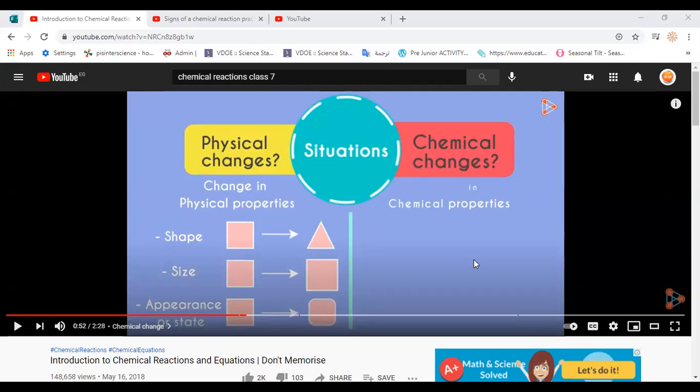How? We just add salt in water and the salt completely disappears. Yes or no? As the salt completely disappears, it doesn't mean it's a chemical change, because simply when you taste the water, you're going to find it's still salty, which means the salt is still with its same structure and the same properties. So it's just a physical change.